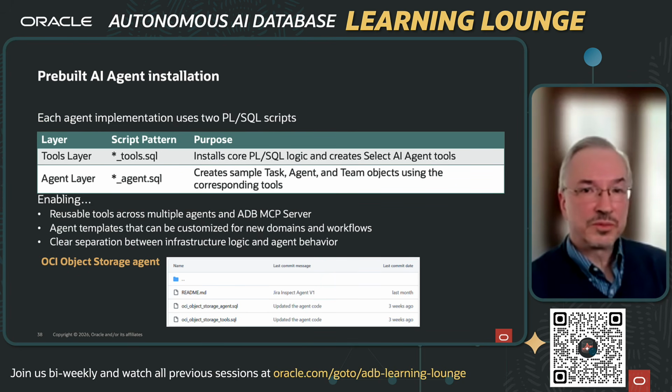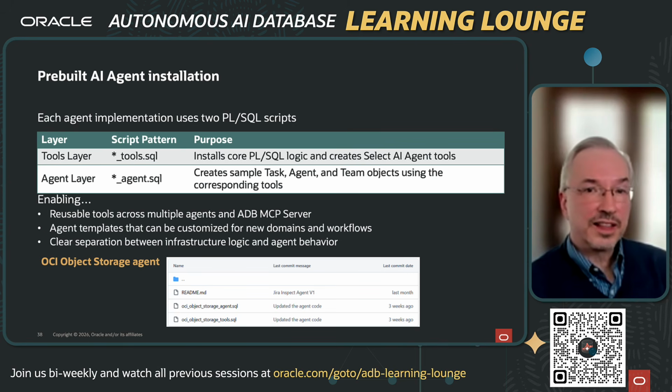Now, each agent implementation follows a two-layer organization using separate scripts, one for the tools layer and one for the agent layer, which includes the Select AI agent object definitions. Now, run the installation scripts in the agent subfolder as admin or another suitably privileged user.